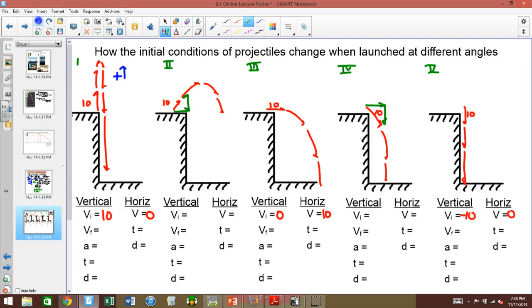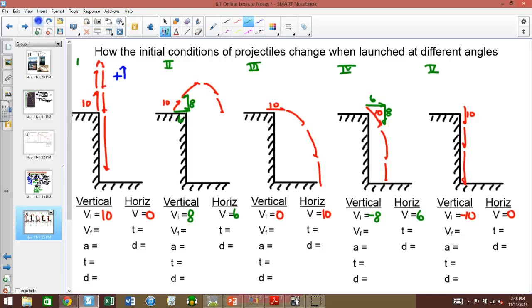Let's just, for argument's sake, say it's 6 and 8. So horizontally, the velocity is 6. Vertically, the velocity is 8. Over here on number 4, horizontally it's 6, but here it's -8. See how the positives and negatives work to your advantage?